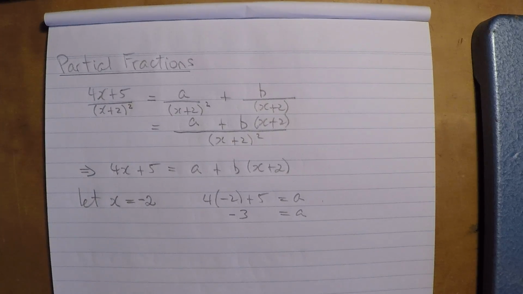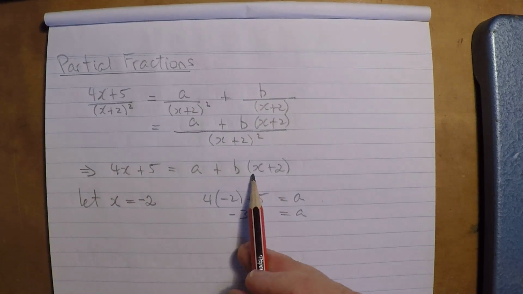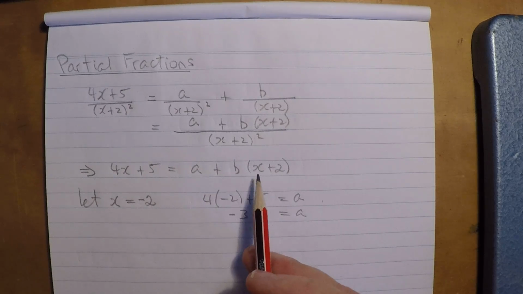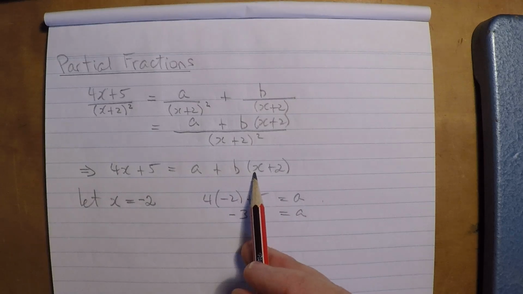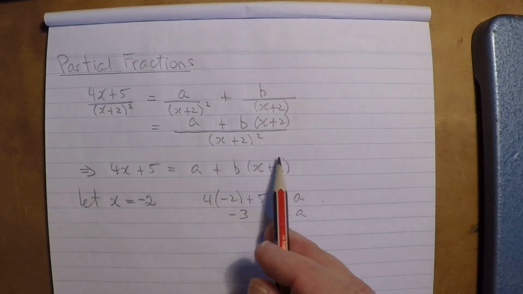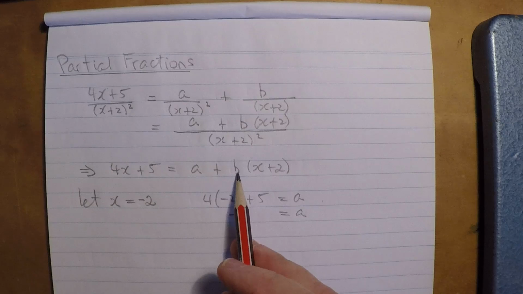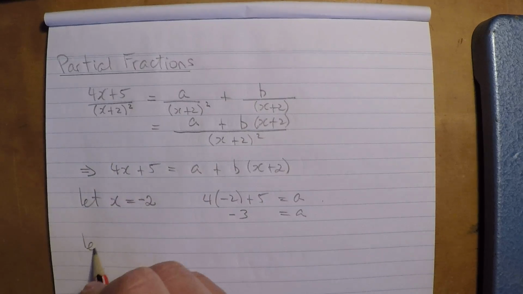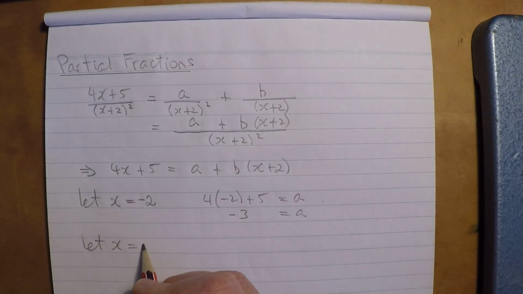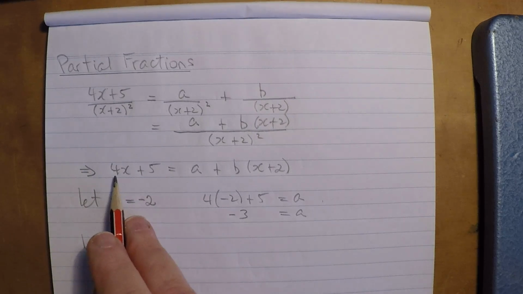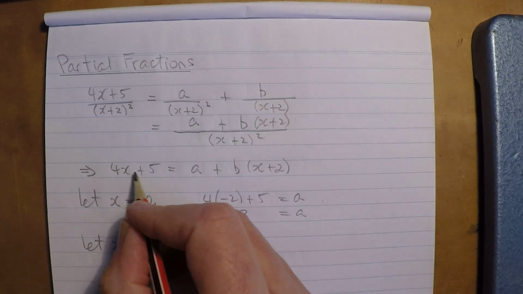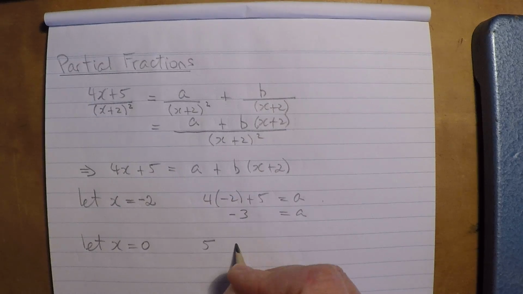So we know a. Now we have to evaluate b. Well, for this one, there's no obvious choice for x. So we might as well make an easy one. We don't want to put a value for x the same where this disappears. We actually want this to be non-zero this time, so b remains. So we can pick anything we like. Letting x equal 0 would make our life a bit easier. So the left-hand side, 4 times nothing, clearly is nothing, plus 5.